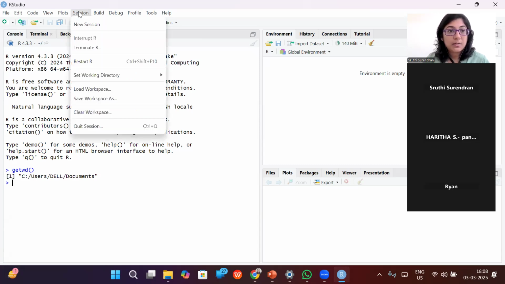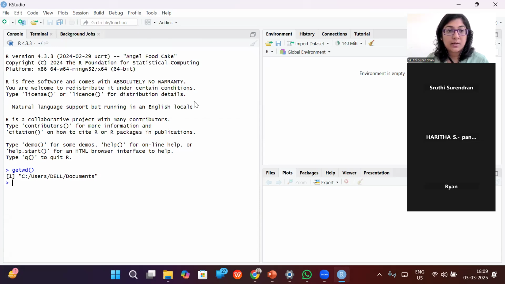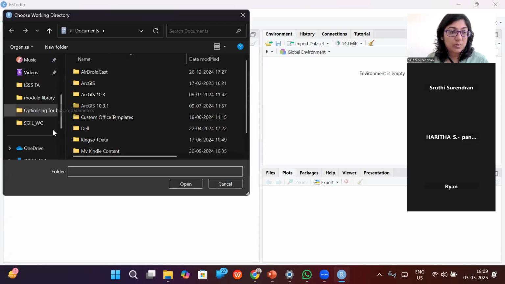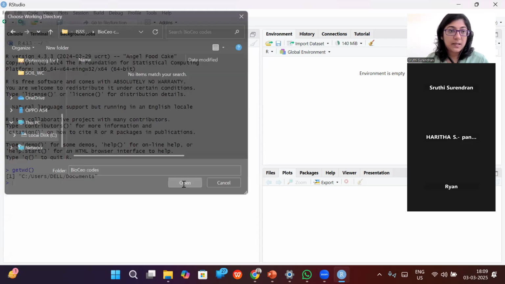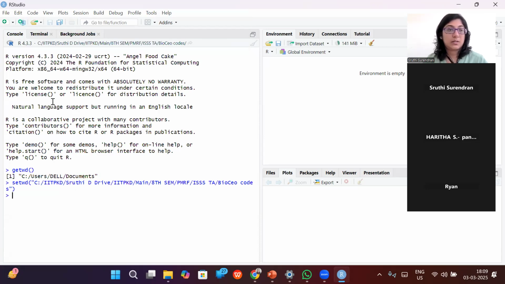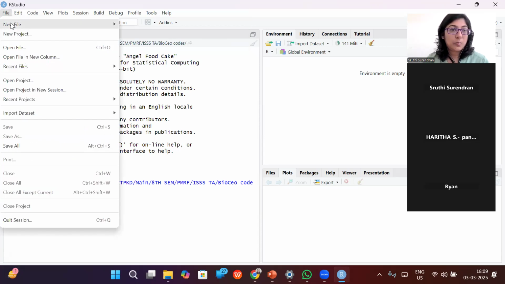So I'll be using the set working directory to choose a directory to run this code on. So I set the working directory to my required destination, and then I will open a new file.